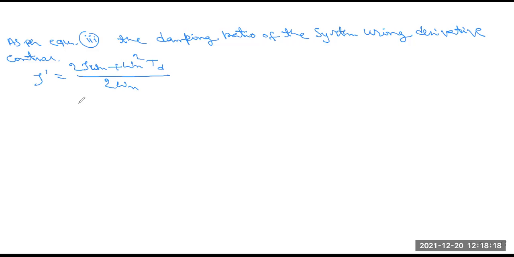So this is basically the required damping ratio of the derivative control system.